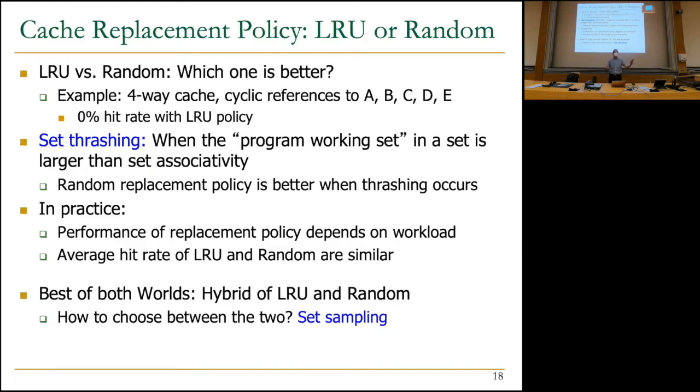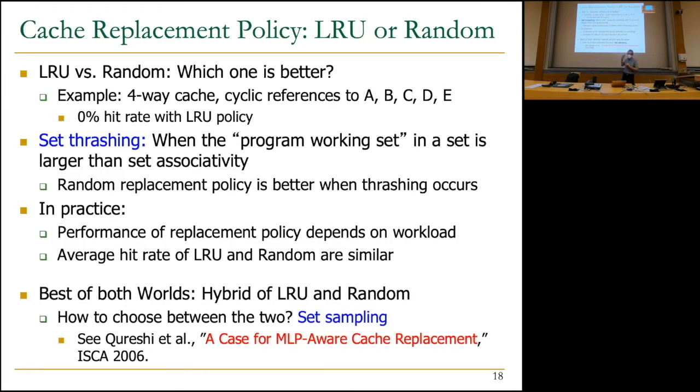So I'm going to use LRU for this set and random for these other sets, for example. There are multiple ways of doing it. Of course, hardware cost becomes an issue here, very similar to hybrid branch prediction: for this branch, the local branch predictor is doing better; for this other branch, the global branch predictor is doing better. We're going to talk about this paper in a little bit, but it is the first one to propose sampling approaches for hybrid policies like this.